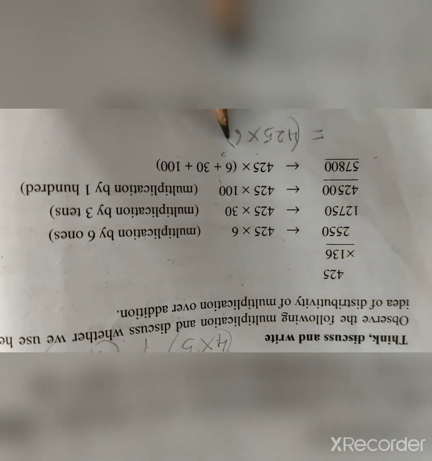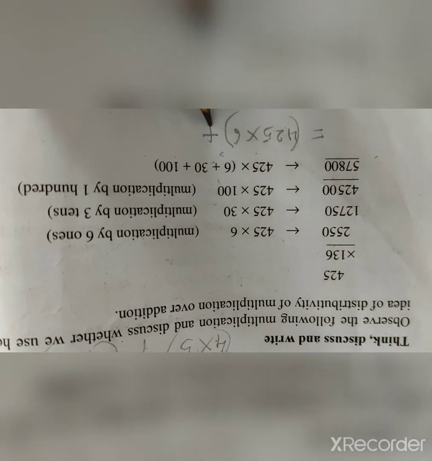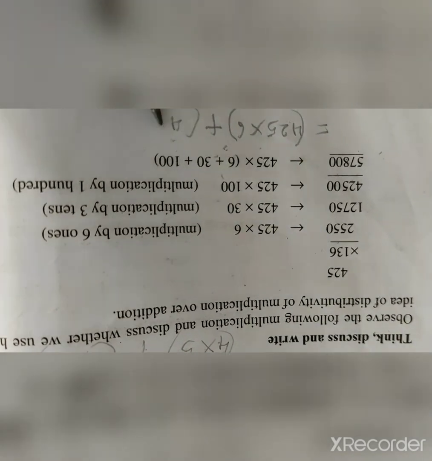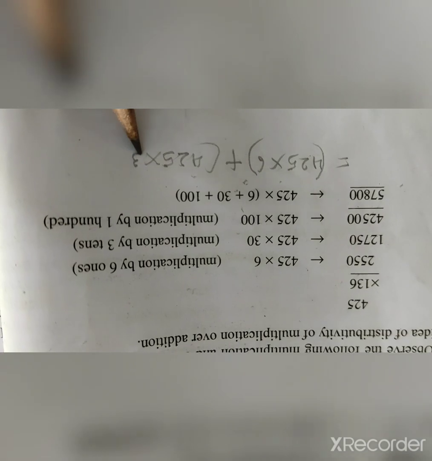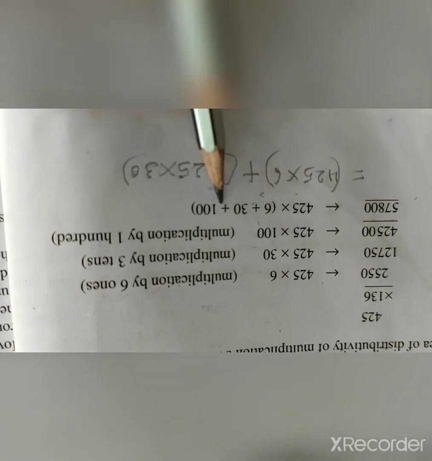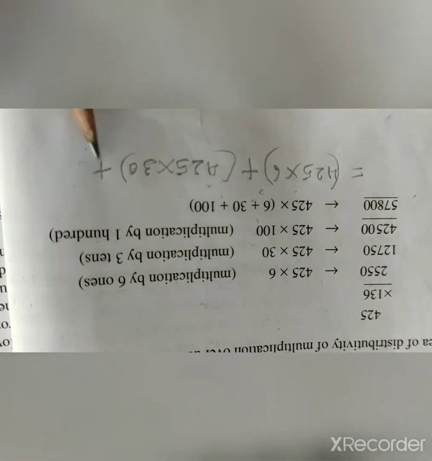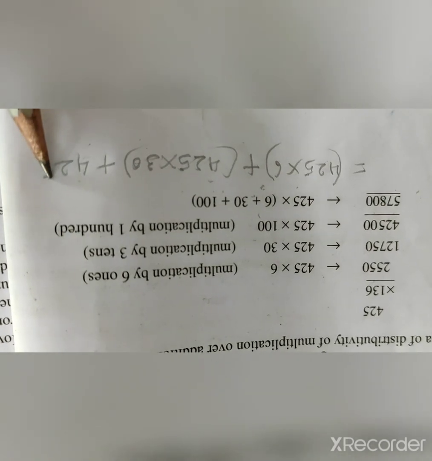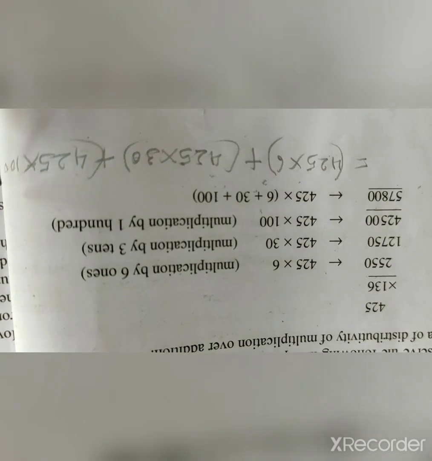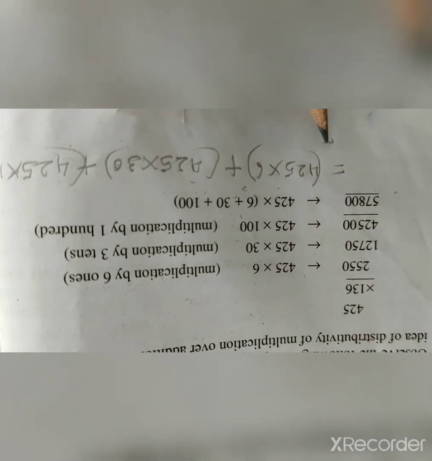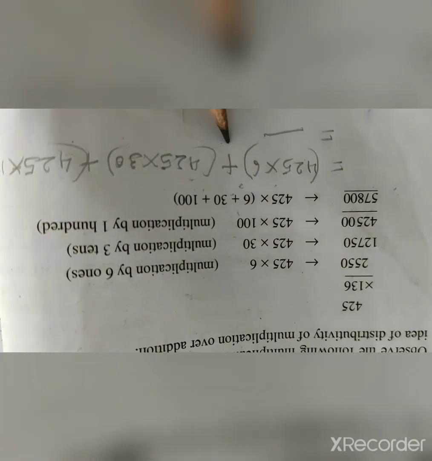Now this sign, then 425 into 30, then again this sign, then 425 into 100, and whatever value you are getting here, you will write here, then plus.